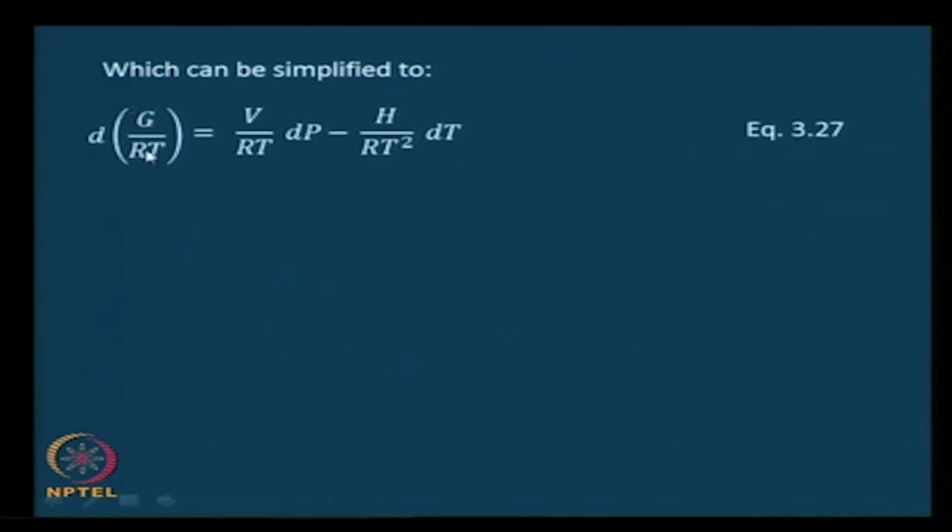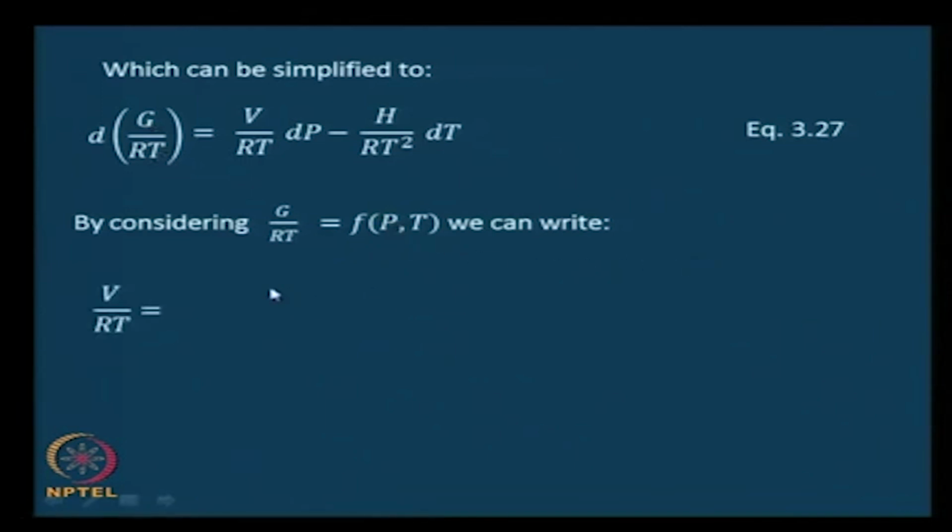Now, this is the total differential. You know that the total differential of an exact differential can be written as the partial derivative of G by RT with respect to P dP plus the partial derivative of G by RT with respect to T dT. By considering G by RT as a function of P and T, we can write V by RT as the partial derivative of G by RT with respect to P at constant temperature.